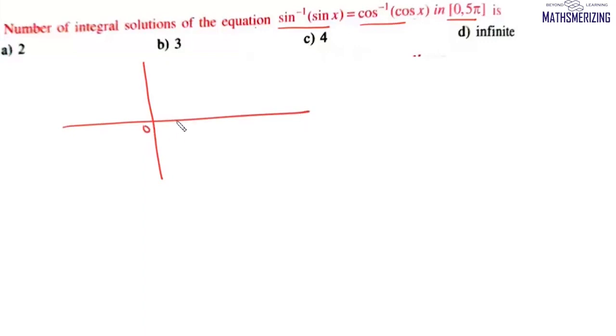So this is 0, pi by 2, minus pi by 2, pi, 2 pi, 3 pi, 4 pi and 5 pi. So we'll draw this graph.